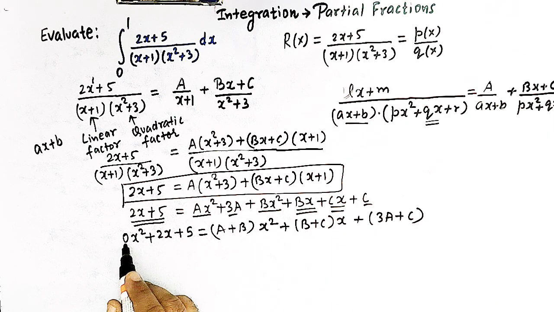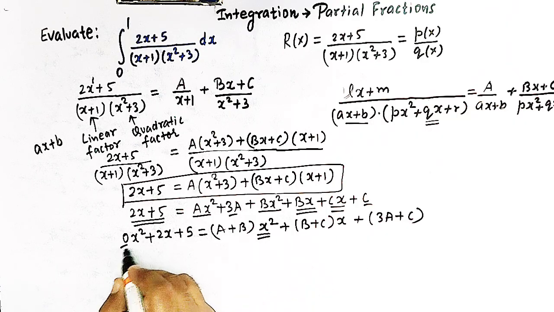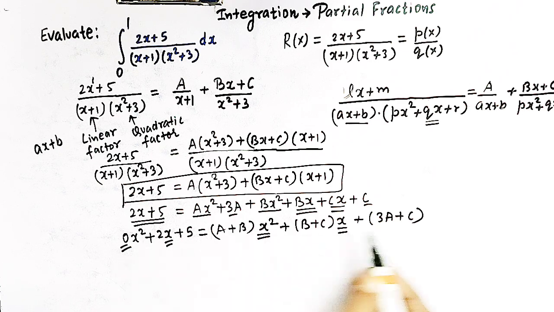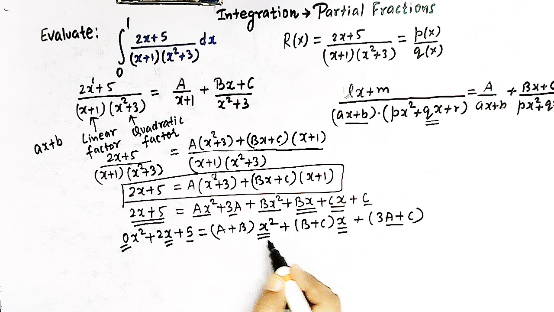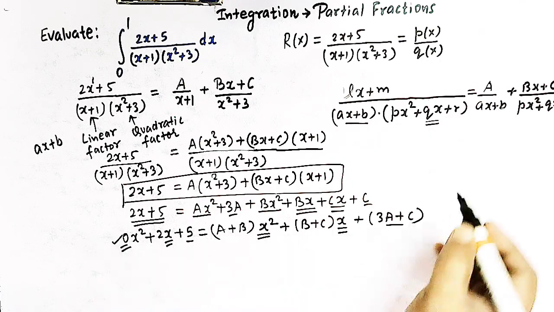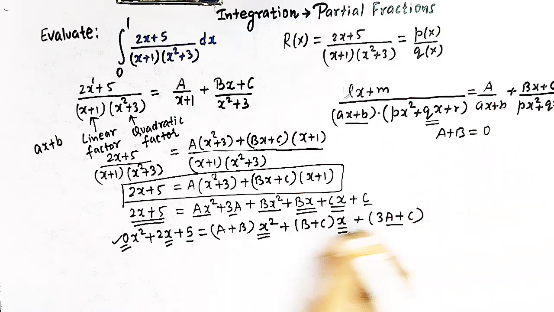So now if we compare both sides, that is, comparing the coefficient of x square, then the coefficient of x, and then the constant term, we have a plus b is equal to 0.